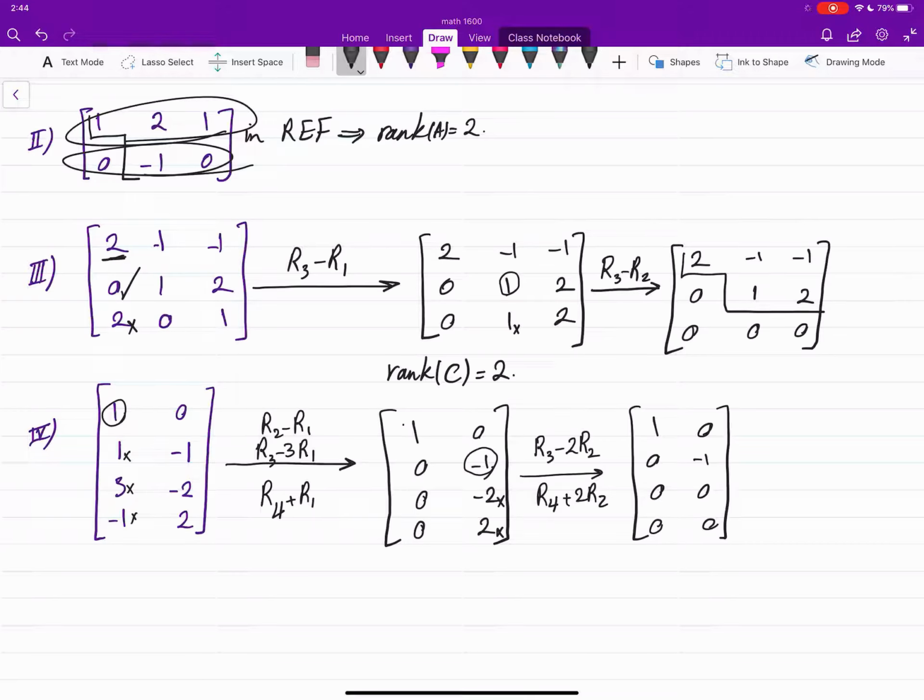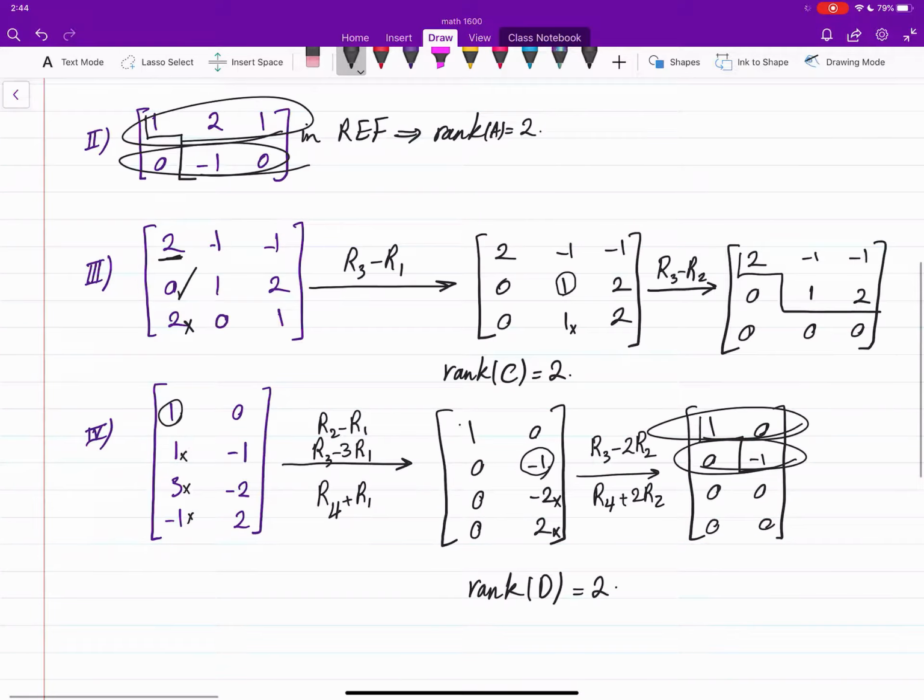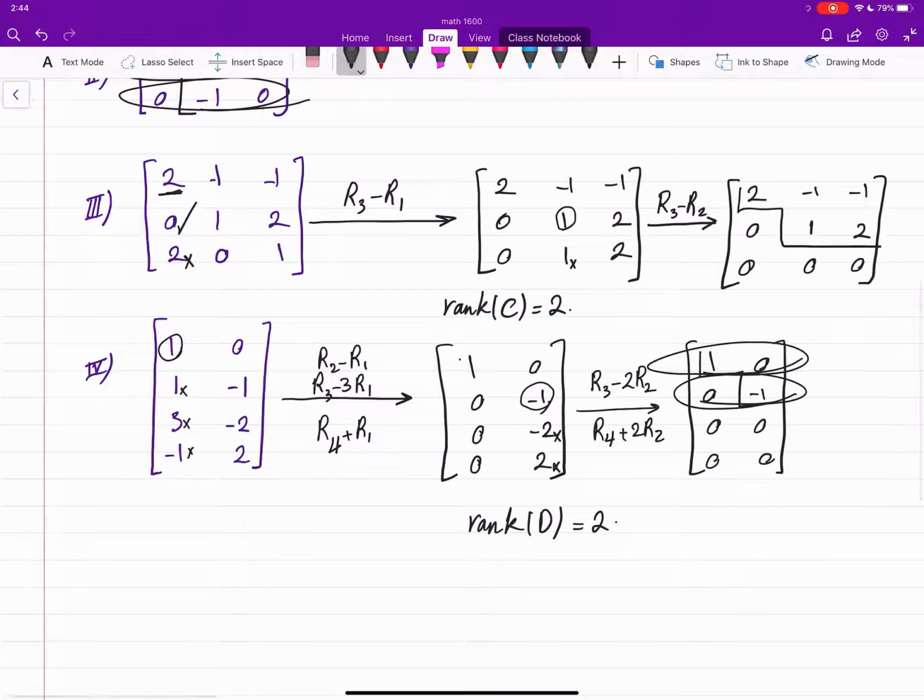Well, it is just in row echelon form, not reduced. The number of non-zero rows is 2. So the rank of this fourth matrix, let me write it as D, is equal to 2. And these last two examples show that you have to do the row reduction: the number of non-zero rows may change as you do the reduction.